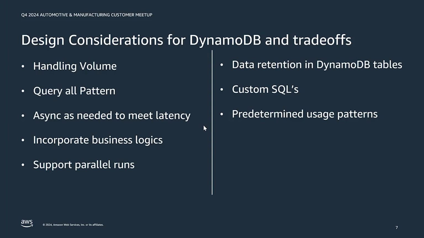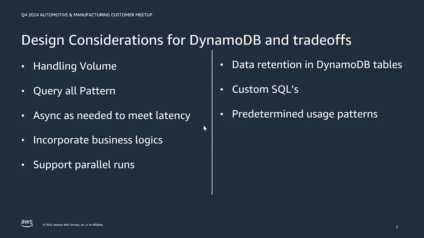It's fully flexible to query the data however you want. But with DynamoDB as a technology, we need to evaluate how much customization you want for your queries. And then the predetermined usage pattern: once the data is stored in DynamoDB, what are the patterns you want to query? So these are the considerations and trade-offs we made.